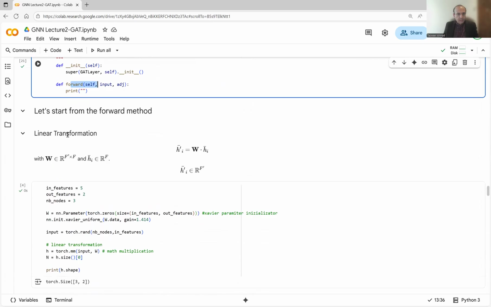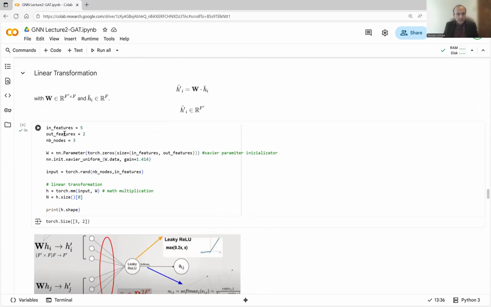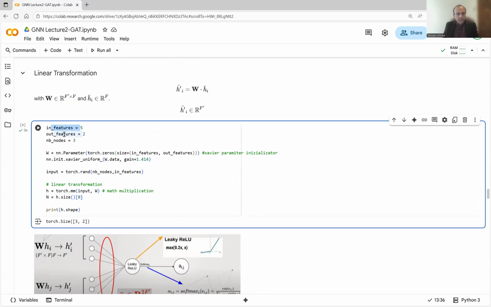Let's start from the forward method, and there is the linear transformation h i multiplied by W that will go into h i prime. W will be F prime by F, and h i will be node features F. Initially we consider that we have five input features, and we have two output features, and there are three nodes.